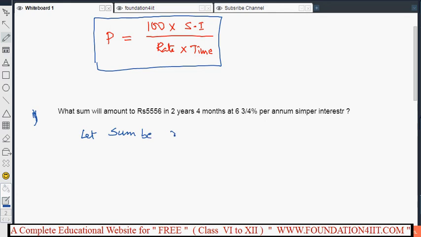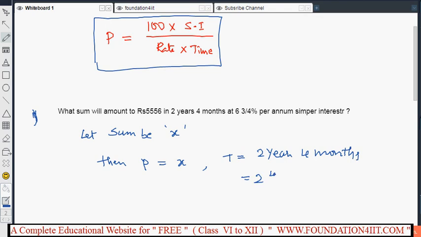Sum is x means principal is equal to x. Then P is equal to x. And according to the other given data, time is equal to 2 years 4 months. Now convert everything into years.